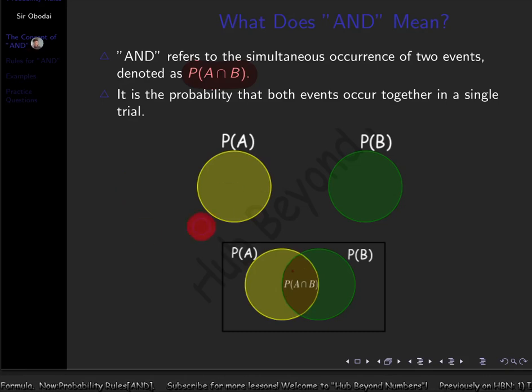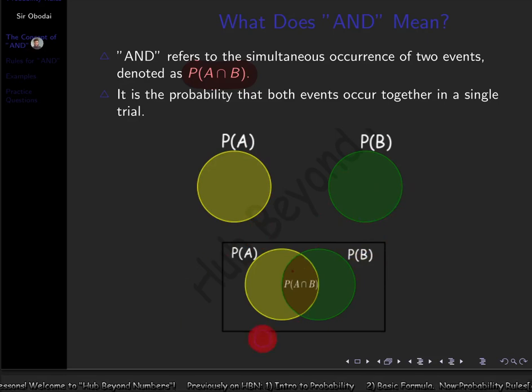With these two occurring together, the events are going to happen at the same time, or simultaneously. This is the first one, which is A, and then the second one, which is B. So A has its own probability and B also has its own probability.